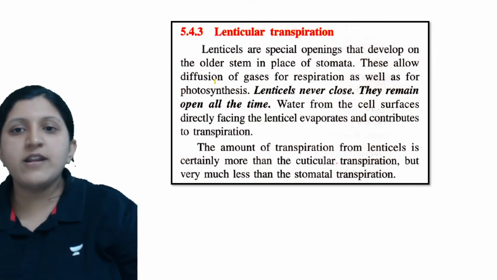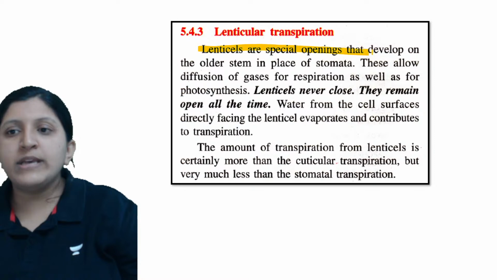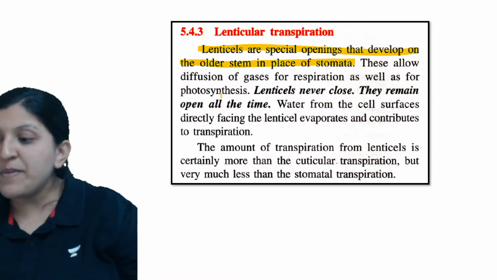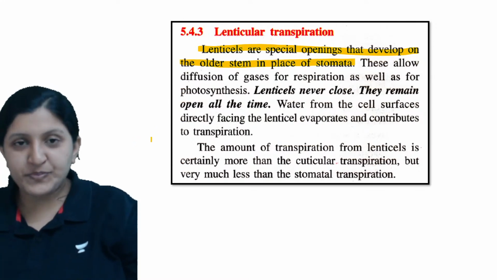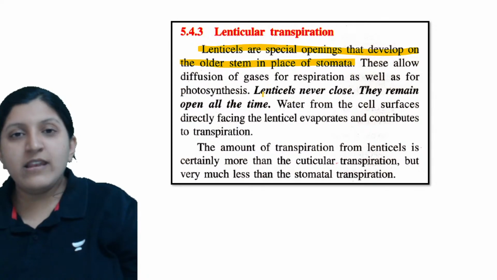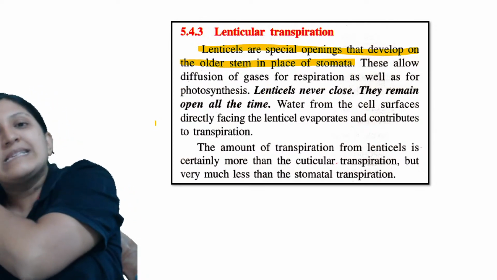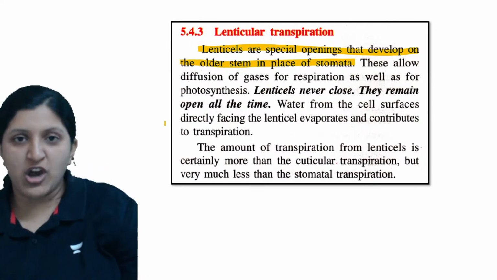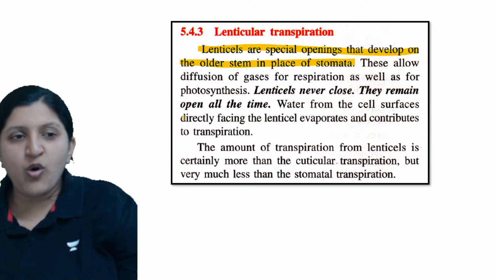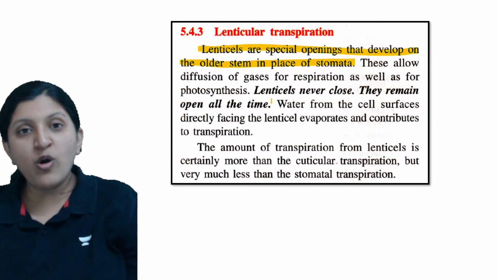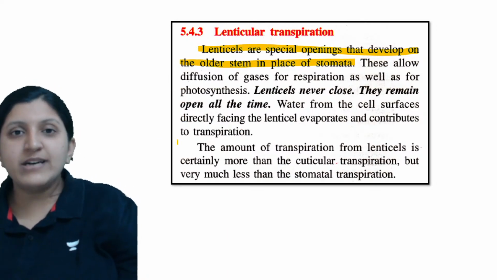In lenticular transpiration, lenticels are special openings that develop on the older stem in place of a stomata. That means earlier there was a stomata. As the plant has matured, or we can say an old plant or an old tree, whatever stomata were there on the stem have now become the lenticels.